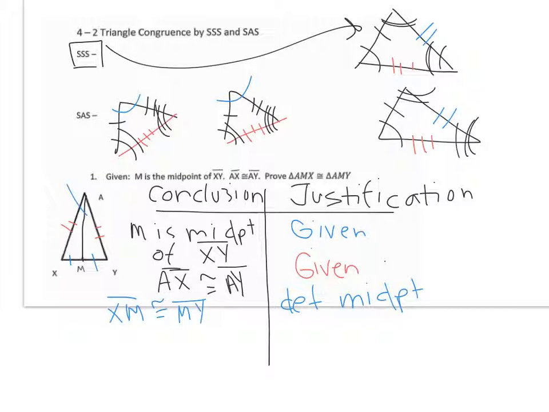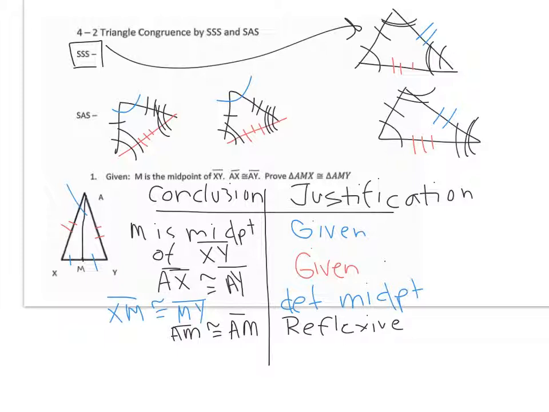So the last thing I'm going to check for is if the triangles share a side, which they're sharing this side right here, that side is congruent to that side. So I'm going to write AM is congruent to AM. And remember, if it's the same thing on the left-hand side, it's the reflexive property of congruence. You can just write reflexive if you want.